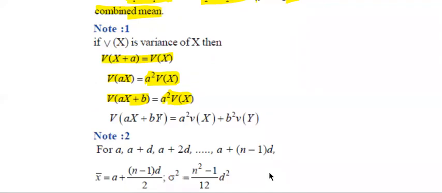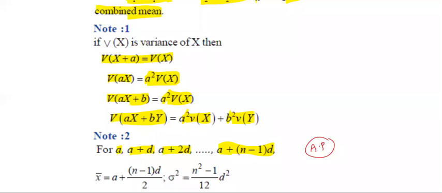Next, variance of ax plus by is equal to a square into variance of x plus b square into variance of y. For a, a plus d, a plus 2d, and so on, up to a plus n minus 1 d, this is an arithmetic progression, AP, yes or no?